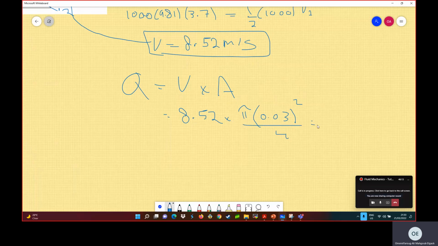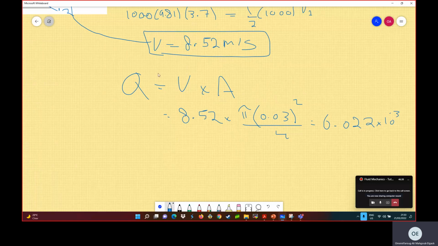That is equal to 6.02 multiplied by 10 to the power negative 3.